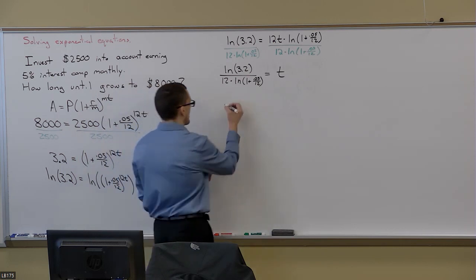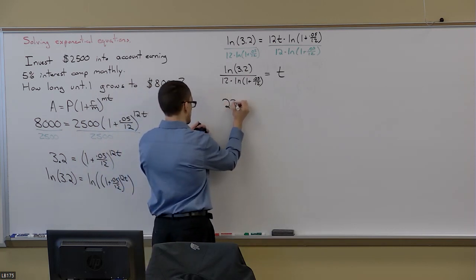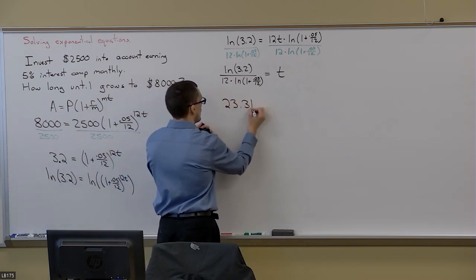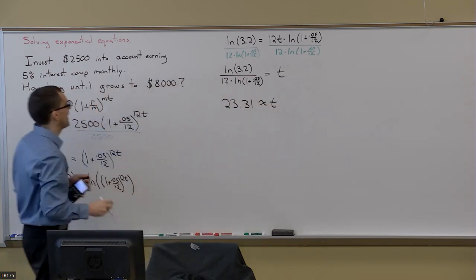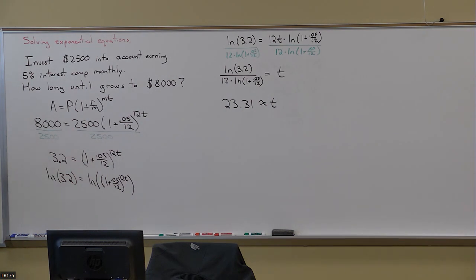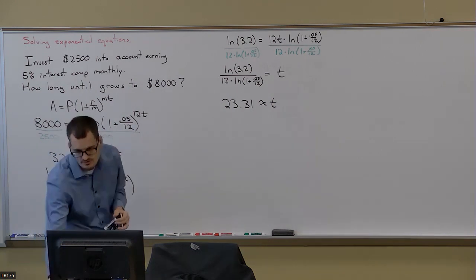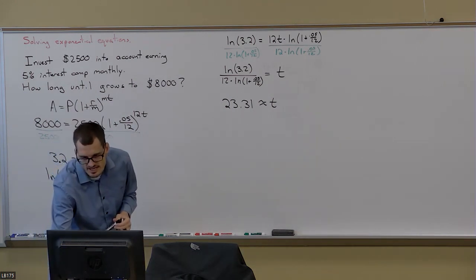And I got roughly 23.31 as the t. So it would take about 23.31 years to go from 2,500 to 8,000.